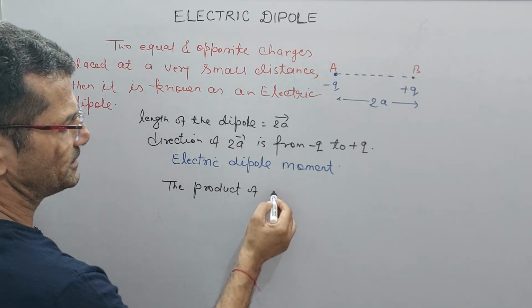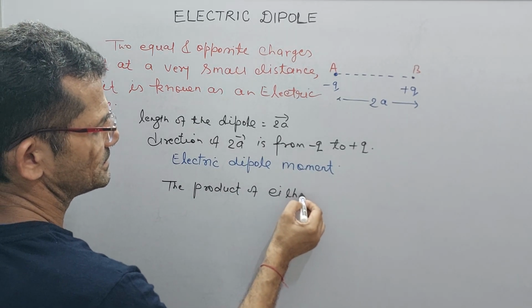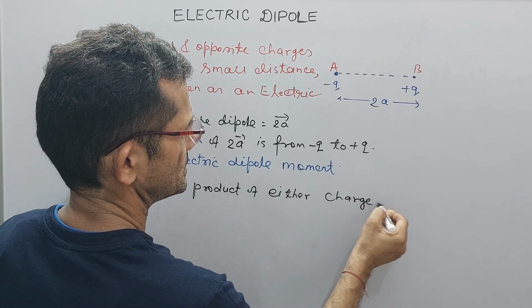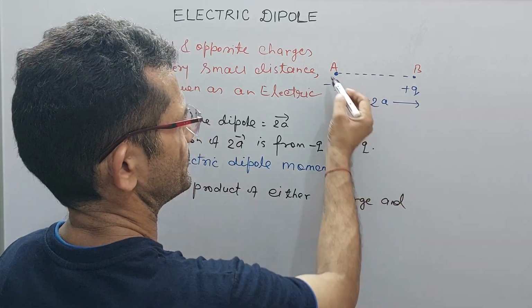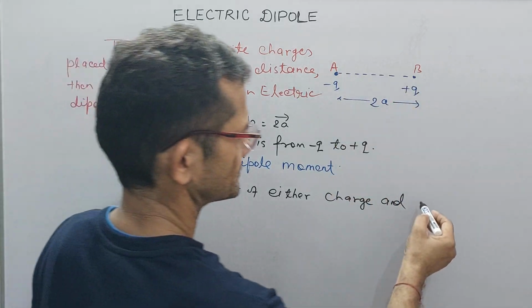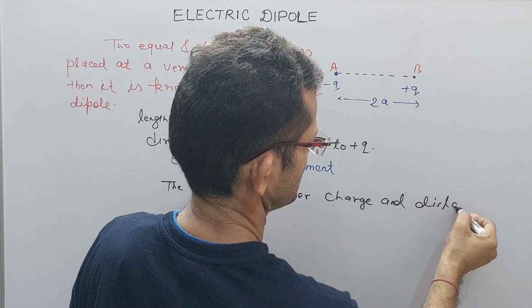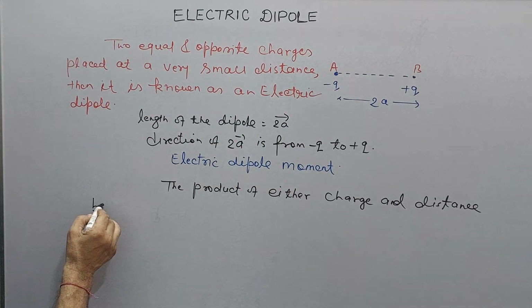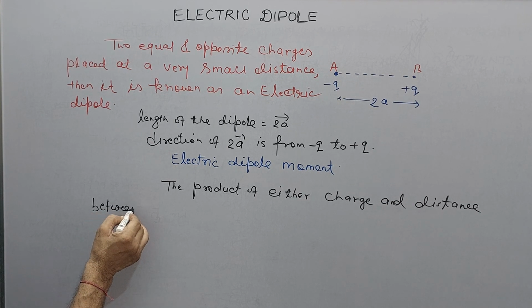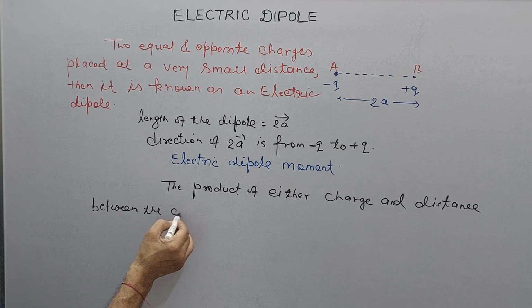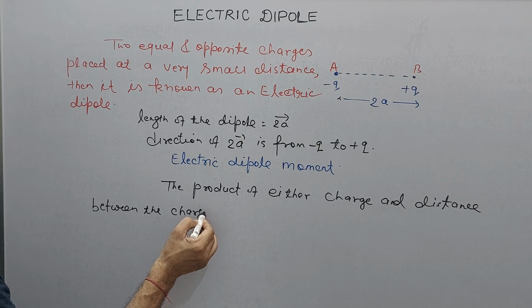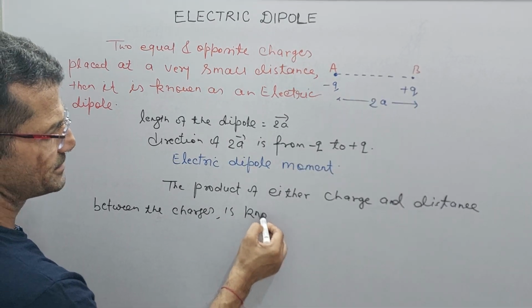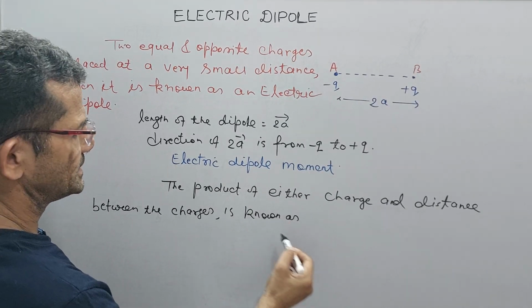This distance between the equal and opposite charges is used to define the electric dipole moment.